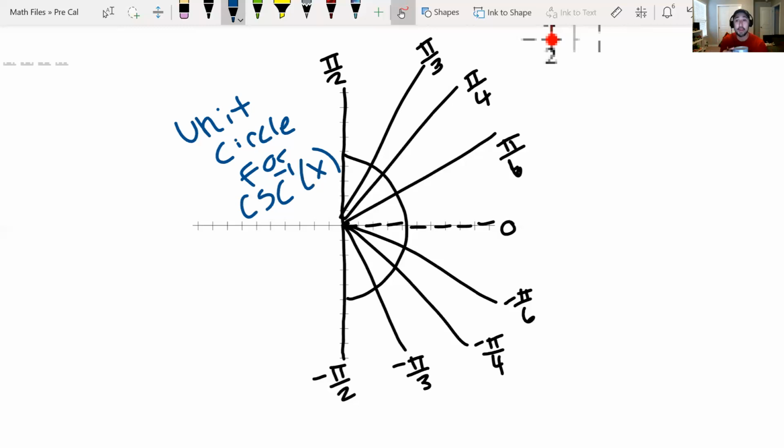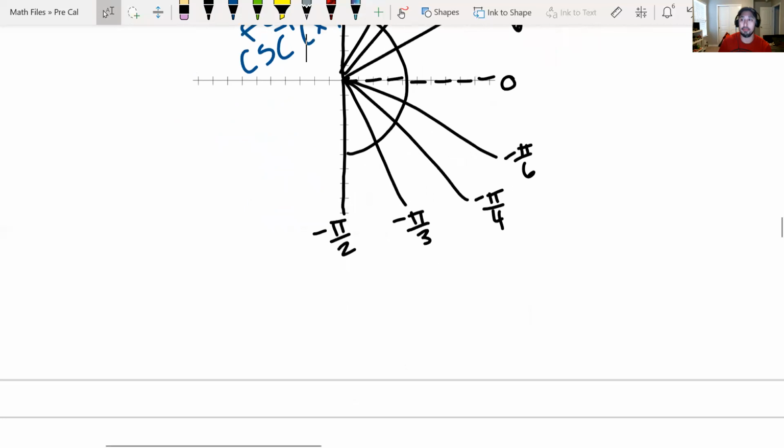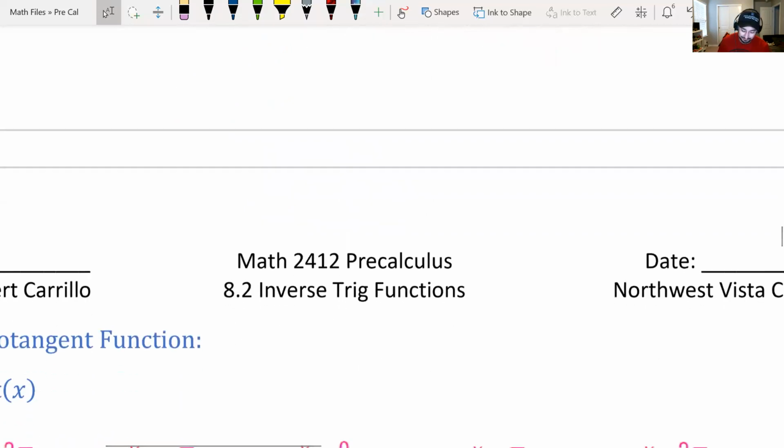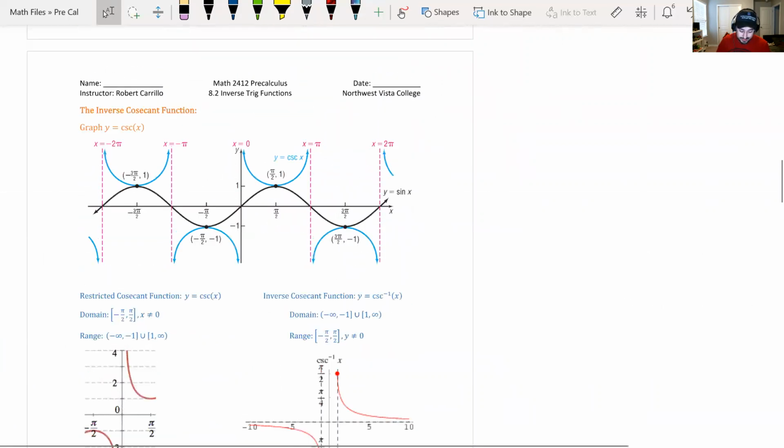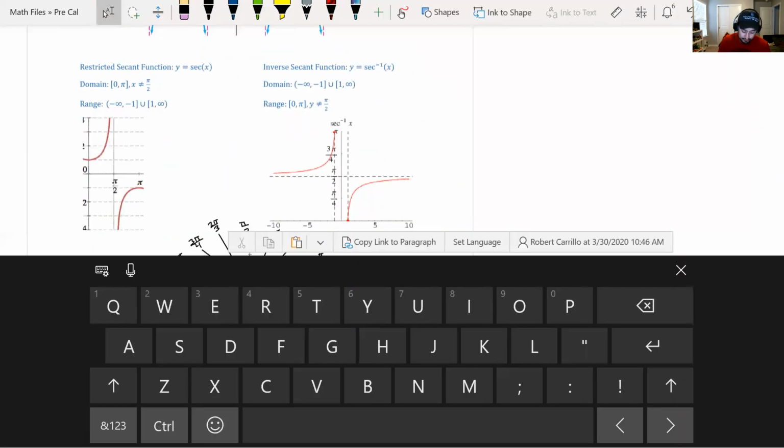And it shares very similar restrictions to the inverse sine function. Wink, wink, hint, hint. Building up to something bigger, okay? Not too much bigger. It involves a calculator. Boring, right? I know. Okay, so that's everything you need for inverse secant.